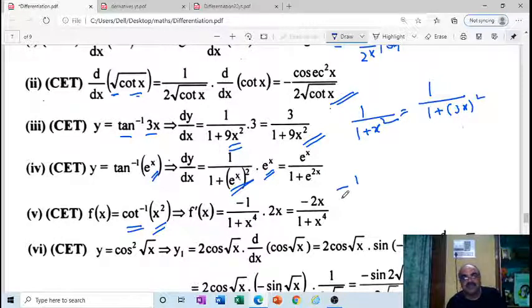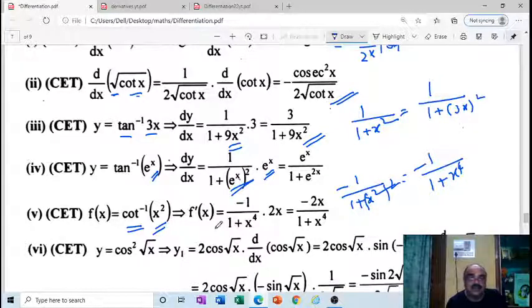It is minus 1 by 1 plus x square. Friends, the formulas are very essential. The more the formulas are clear to you, the easier the problems would be. Here it is x square whole square, because it's not just x, it is x square. So it becomes minus 1 by 1 plus x power 4.